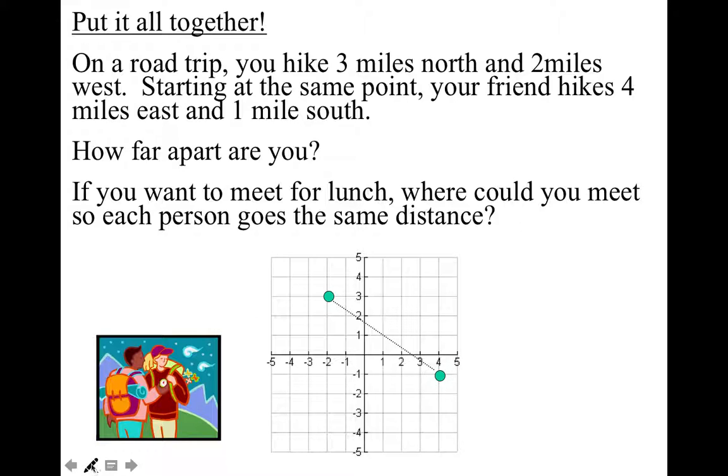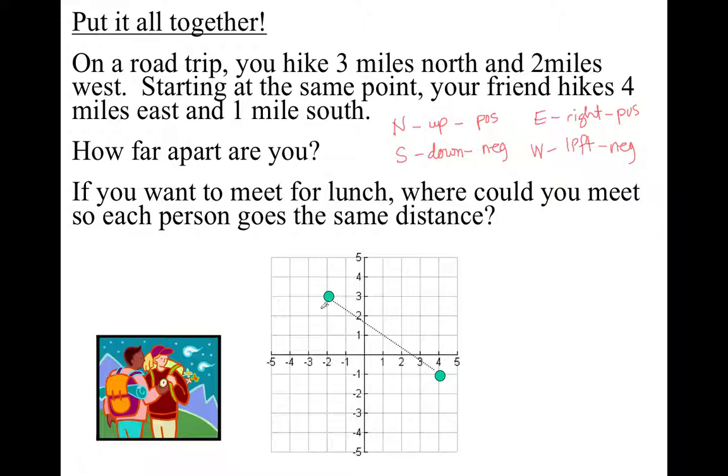So please make sure you remember that if you're going north, north means that you're going up, which means that it's positive. South means you're going down, which means that it is negative. East means you're going to the right, which means that it is positive. And west means you're going to the left, which means that it is negative.